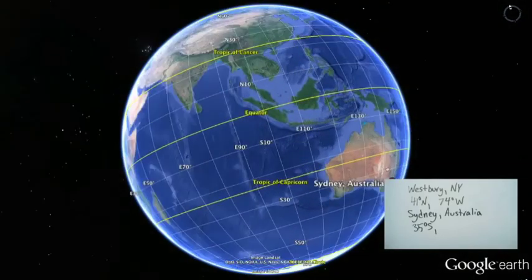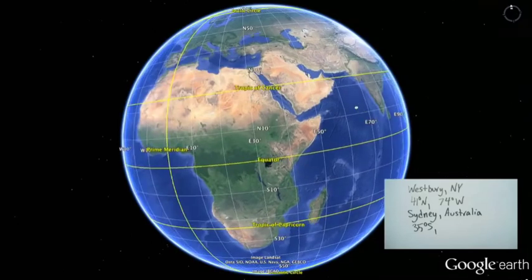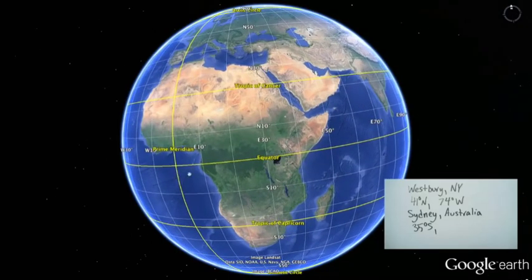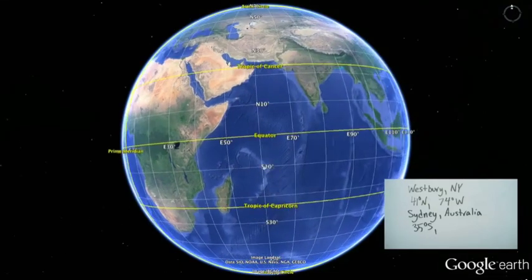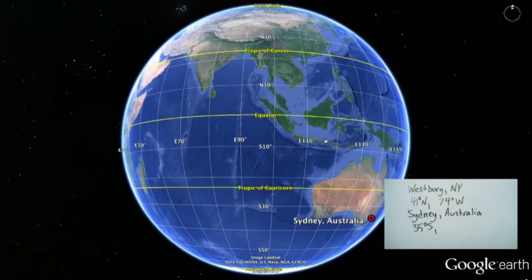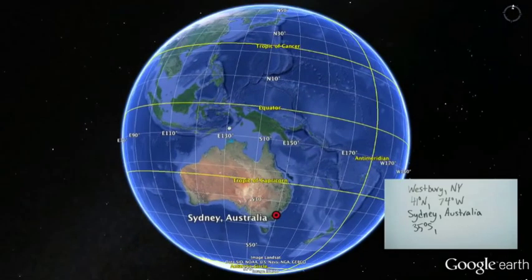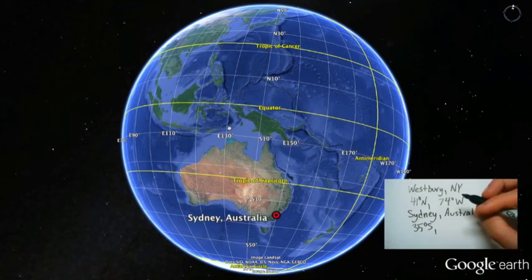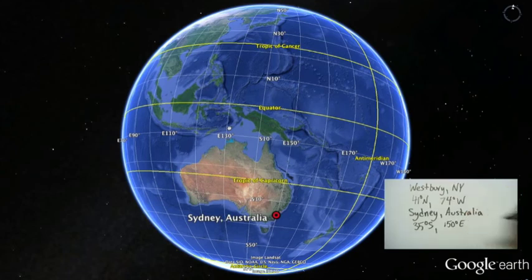Well, again, I'm going to need to travel to the prime meridian and figure out which direction I need to travel to get to my location of Sydney, Australia. And again, here I am traveling to the east to get to Sydney, Australia. So when writing the longitude value for Sydney, Australia, I'm going to write 150 degrees east.